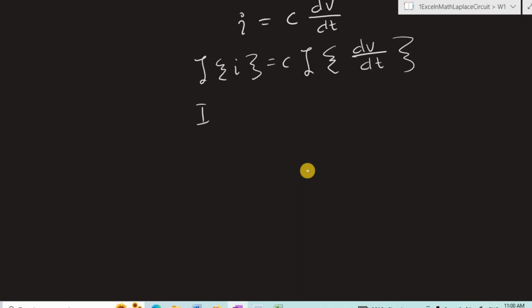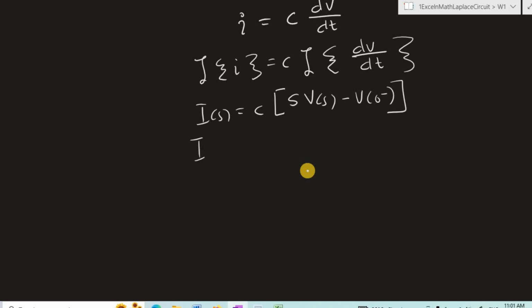So I of S equals C multiplied by the derivative of dV by dt, which is equal to S V of S minus V0 minus.